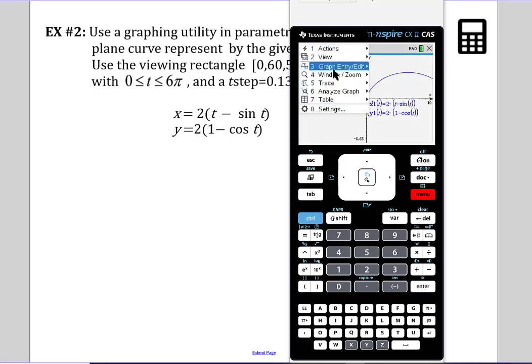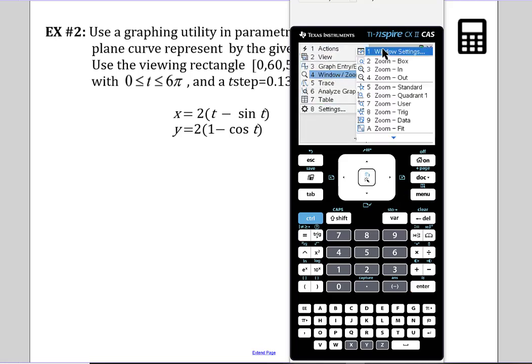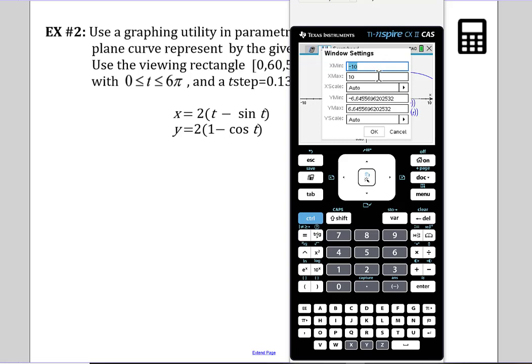And we're going to make our window. They wanted us to go from 0 to 60, and then the Y was going to go from 0 to 8.